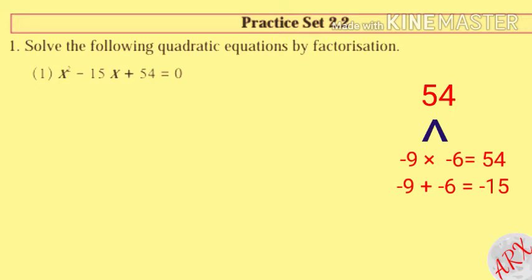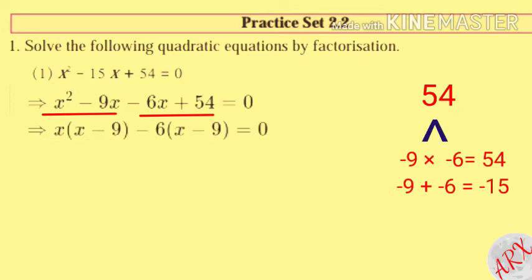If we do multiplication of minus 9 and minus 6, it will be 54 and addition will be minus 15. Hence, we will split the middle term. x square minus 9x minus 6x plus 54 equal to 0. Now, from the first two terms, take x common and take minus 6 common from the last two terms.